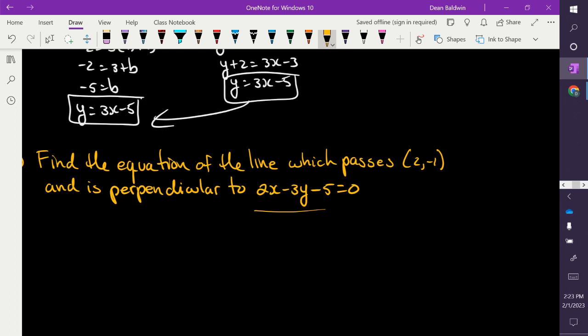So that means I have to rewrite this equation to figure out the slope of that line. So I'm going to move the y over. So I'm going to go 2x minus 5 is equal to 3y. And then divide off the 3. So what's the slope of this line?